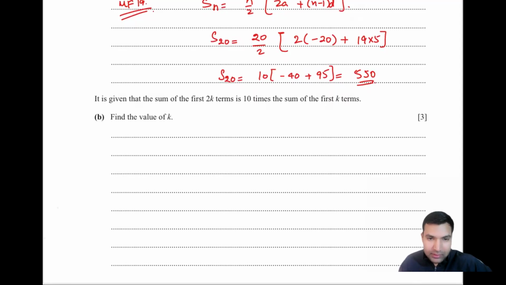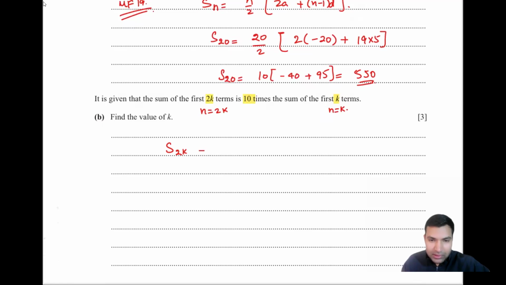Here it is given that the sum of the first 2k terms is 10 times the sum of the first k terms. Find the value of k. Okay, so let's interpret this. I can say the sum of the first 2k terms, so here n is equal to 2k, and in the other sum n is equal to k.